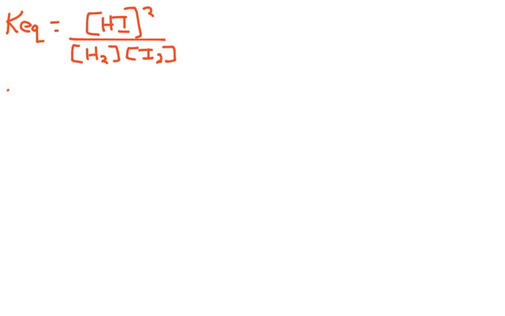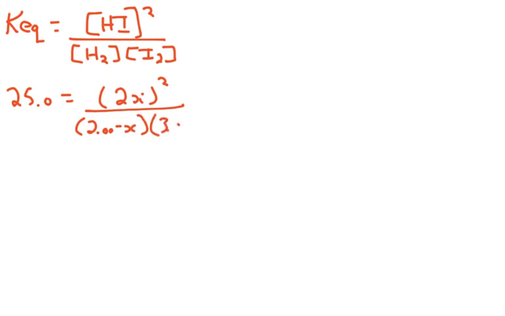Filling in what we know, KEQ being 25.0, concentration HI being 2X, but that will be 2X squared. Concentration H2, 2.00 minus X. Concentration I2, 3.00 minus X.